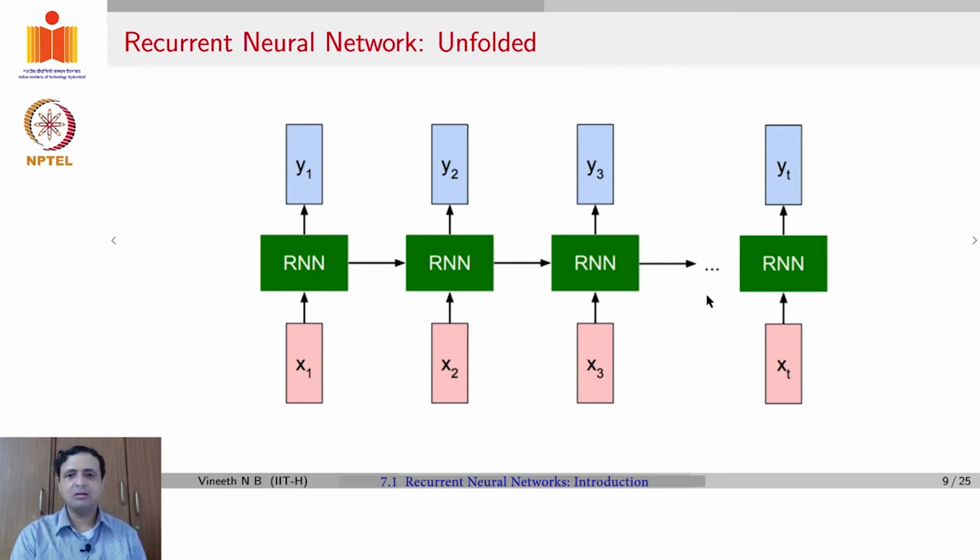As we said earlier, depending on what application you're using RNNs for, you could have an output at each time step, or you could have an output only at the last time step, or you could also have a sequence of outputs that follows the input at the last time step. All those possibilities are variants of this abstraction that we see on the screen.